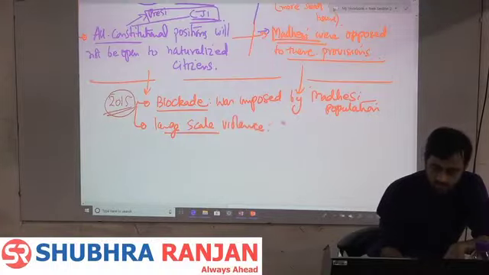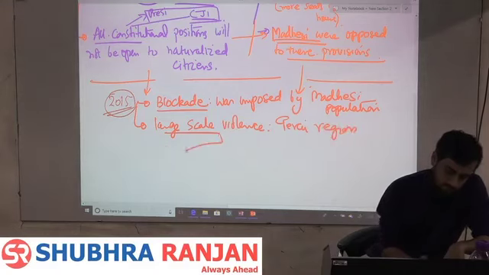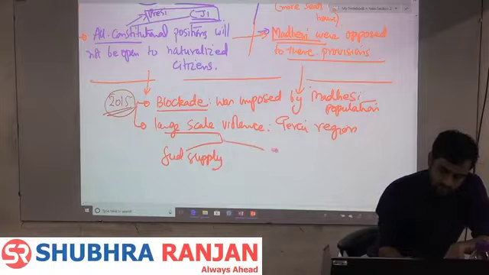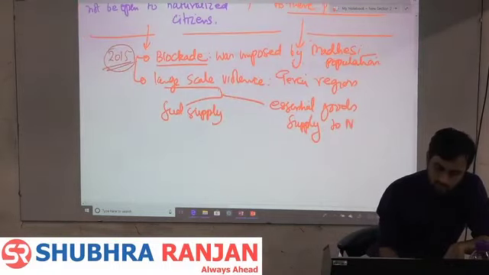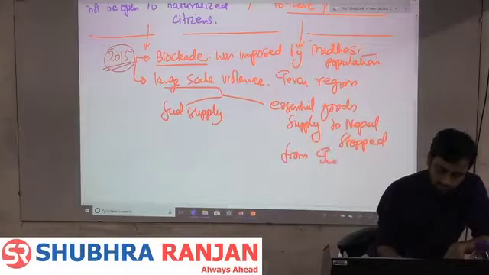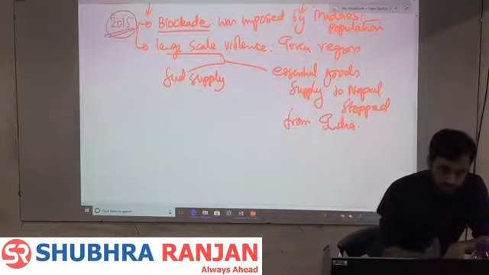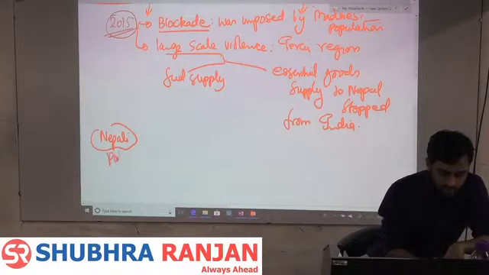Terai region is the plain region, and fuel supply and essential goods supply to Nepal from India stopped. What was the Nepali politicians' response? Nepali politicians said that India is enforcing this blockade.